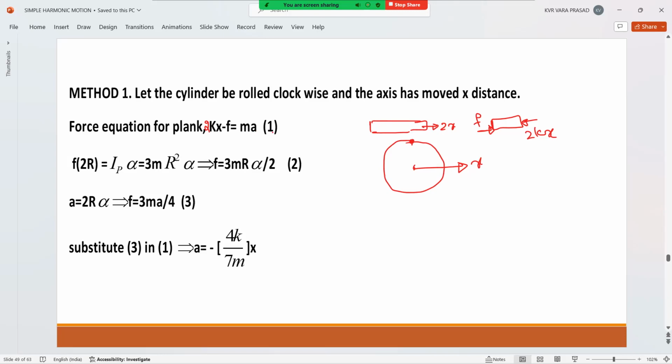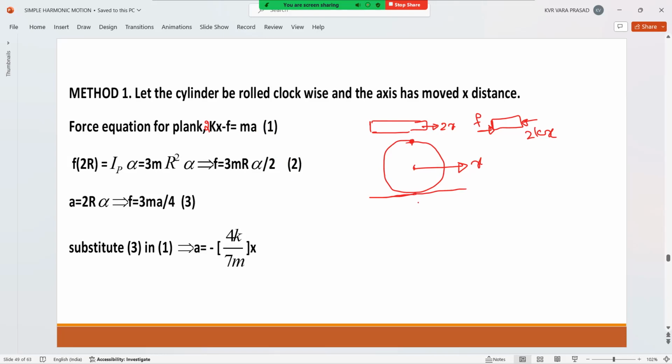Equation 1. Now coming to the cylinder, it is rolling, and this rolling can be taken as a pure rotation about one axis, which is known as the instantaneous axis of rotation.